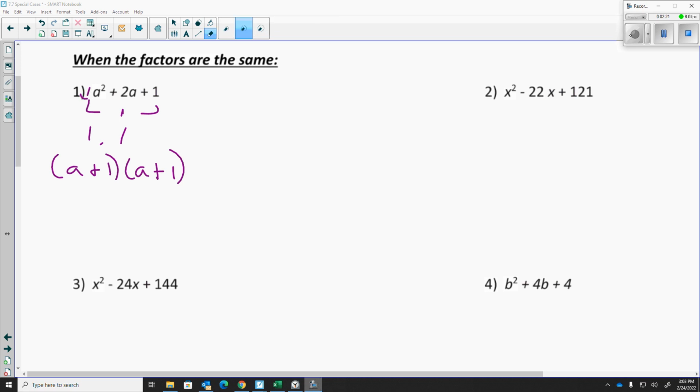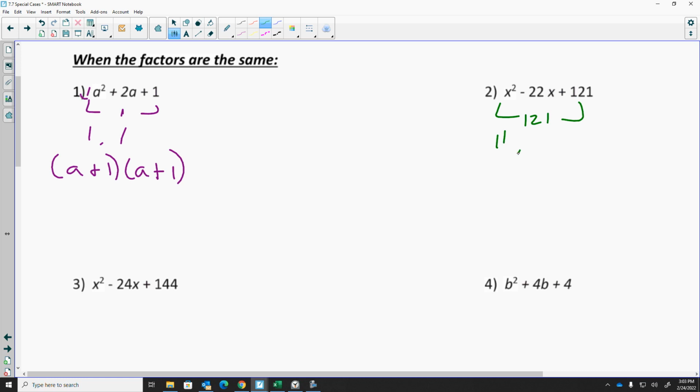All right, this one. So you multiply first times last. It's 121. Two things that multiply to 121 and add to negative 22. It's kind of weird. You might not know this one off the top of your head, but do you know anything that multiplies to 121? 11 and what? 11 and 11. 11 times 11 is 121.